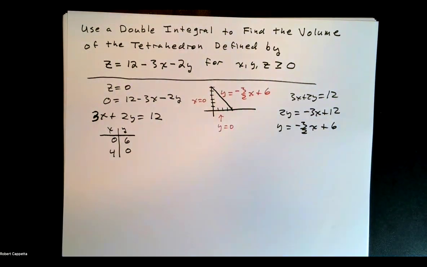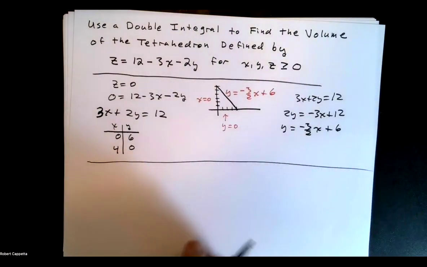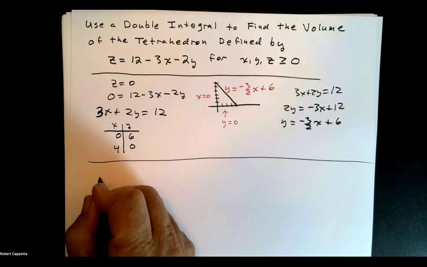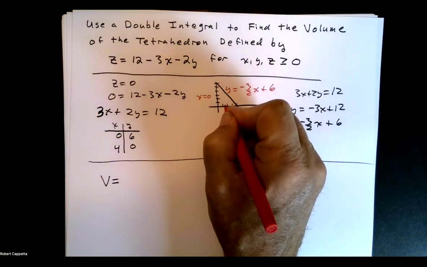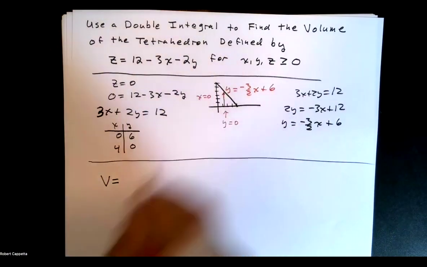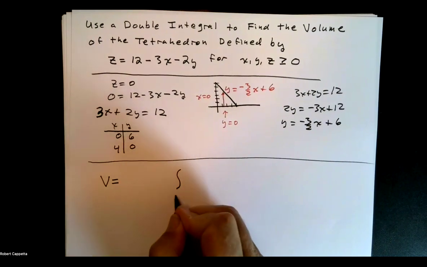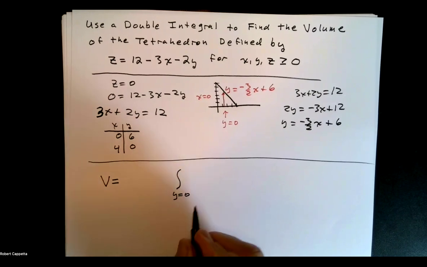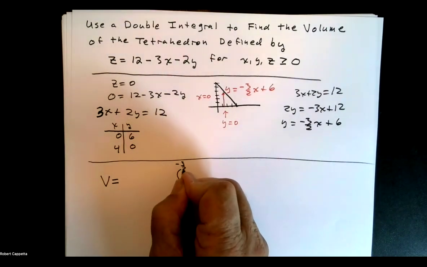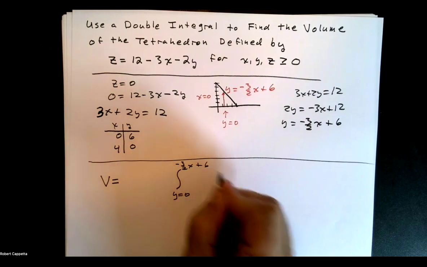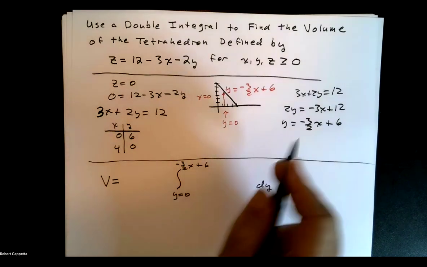So how do we determine the volume of that tetrahedron? Well, let's go south to north. The southern boundary is y equals 0, and the northern boundary is y equals negative 3 halves x plus 6. So that has to be a dy here. And then what does x range from?